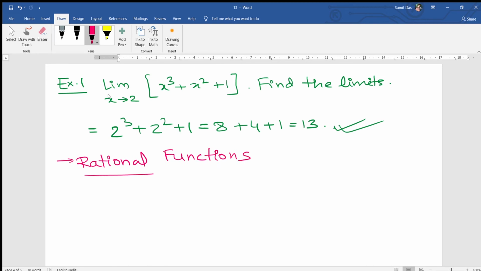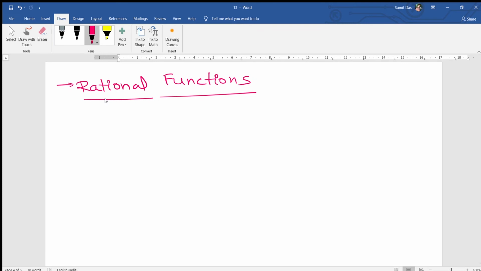Rational function. Okay, look, a rational function is very similar to rational numbers. Suppose one function is f(x) equal to g(x) by h(x). Rational means you can understand it should be a simple fraction form.